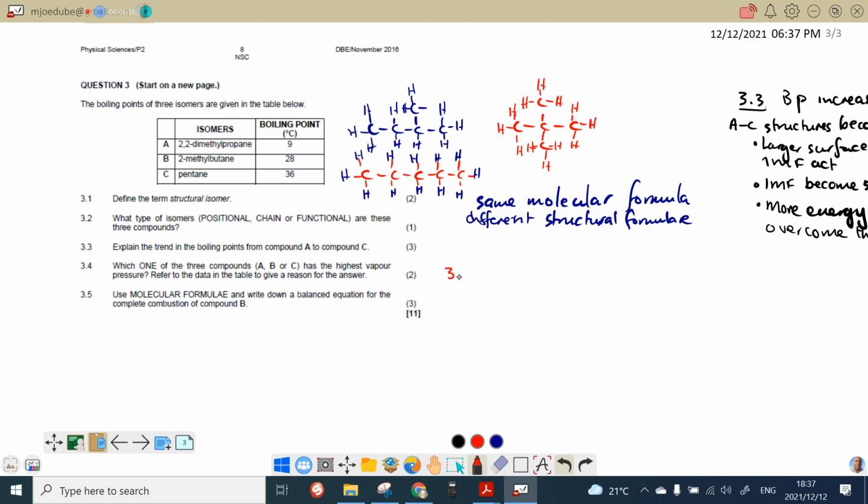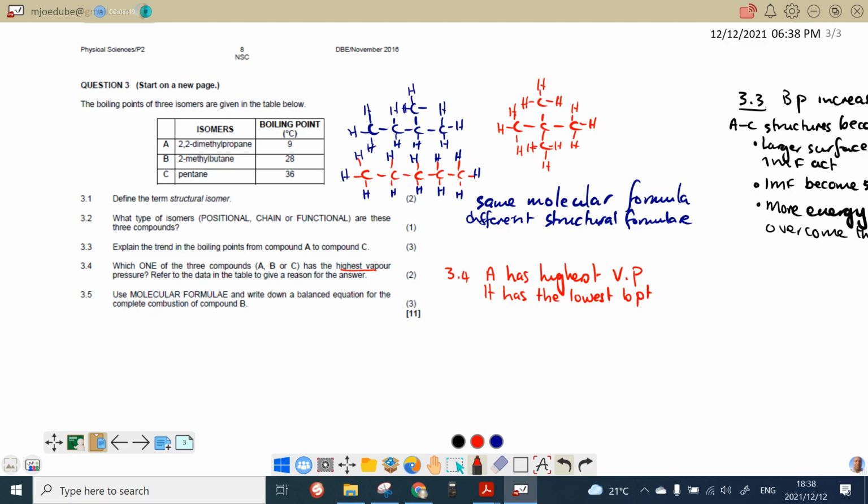So compound A has the highest vapor pressure. Reason, it has the lowest boiling point. Remember, substances boil when the vapor pressure is equal to the external pressure.